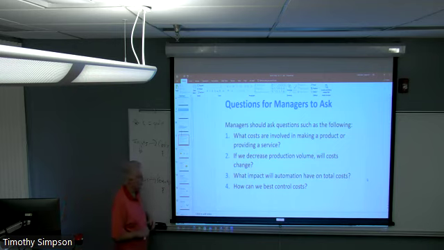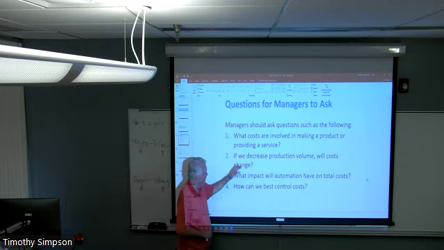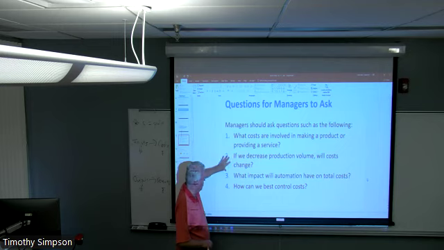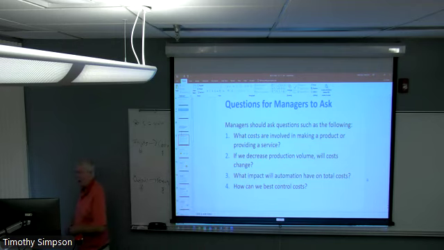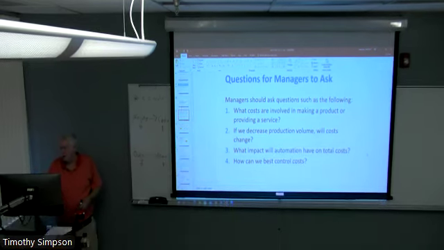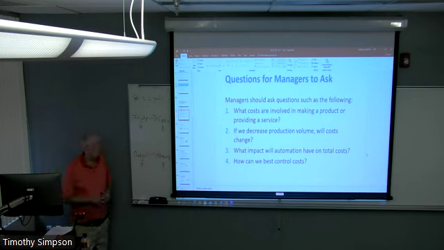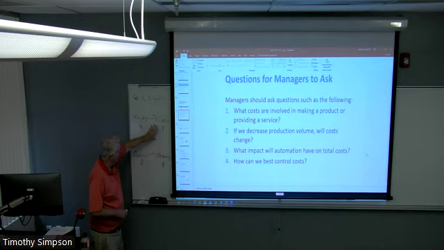Or things like, if we increase something, how will costs change? We're going to talk a lot about these different scenarios throughout the course. What impact will automation or any kind of technology have? And what can we do to control costs? These are all questions that are fixated on cost, which is an internal matter. Inputs and costs are internal matters, and costs tend to be mostly confidential.